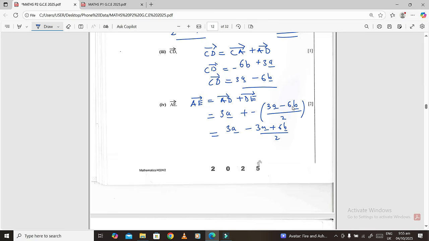So this negative has been distributed, and then we find the lowest common denominator, which is 2. There is a 1 here. 1 into 2 is 2. 2 times 3A is 6A. Here it will be 3A plus 6B. And this will give us 3A plus 6B over 2. This is our answer when we work out.